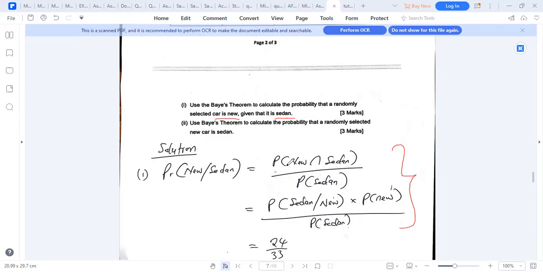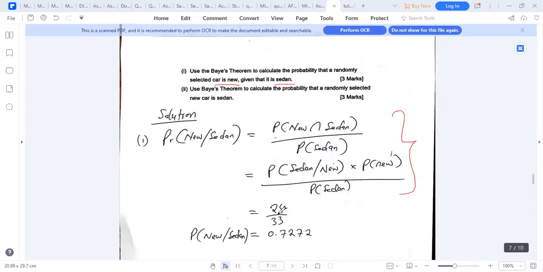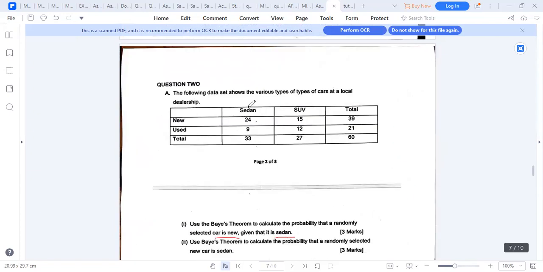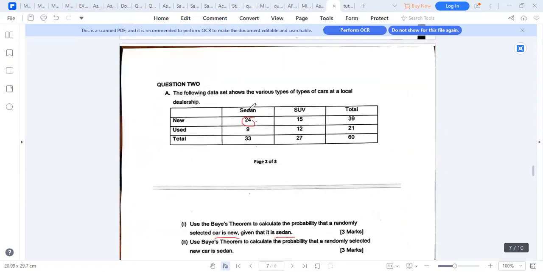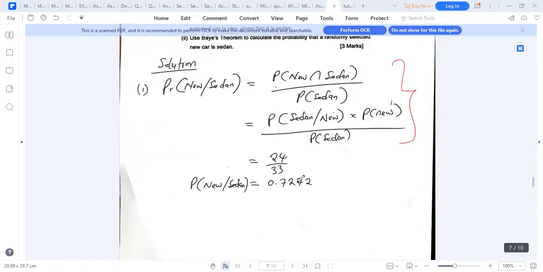New intersection sedan over probability of sedan. But the shortcut is, where do they meet? New and sedan, they meet at 24. But the total for the bottom guy is sedan, which is 33. 24 over 33, which is 0.72.